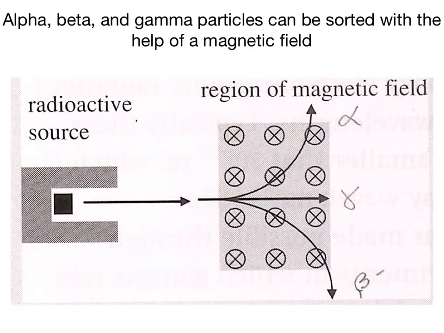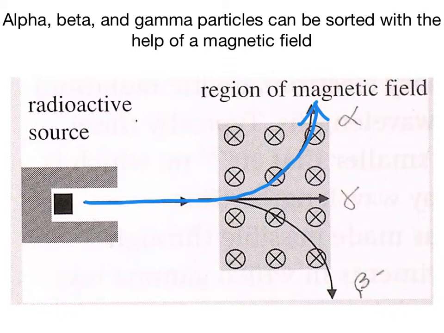A magnetic field can be used to differentiate among alpha, beta, and gamma radiation. Using the right-hand rule, you should be able to confirm that when a positive particle moves in this picture from the source at the left through the magnetic field, which is into the screen, a positive particle is going to move to the left. So that's why you see the alpha on the upward arrow.